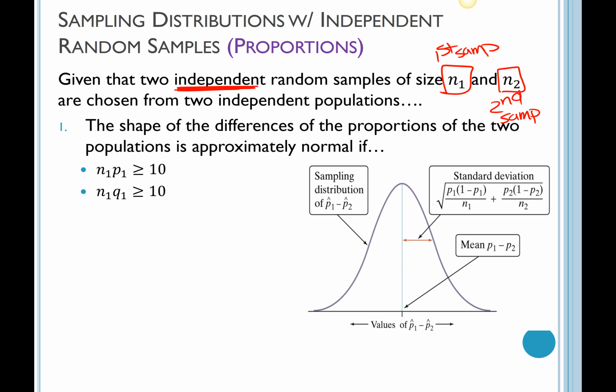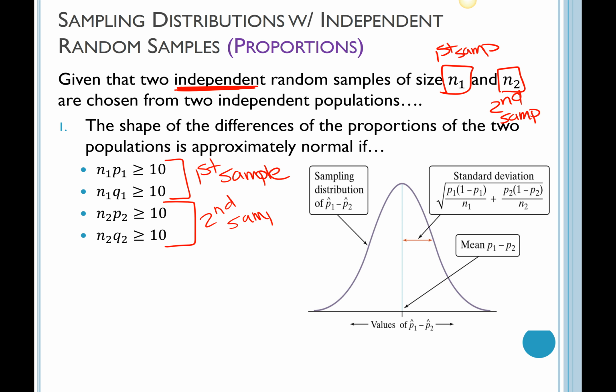We're going to talk about n1 p1 being greater than or equal to 10 and n1 q1 being greater than or equal to 10. Now, this is usually the condition that we talk about for normality with 1 sample, but this is only going to cover half of our samples. So this is from the first sample. But since we have 2 samples, we need to do it a second time, this time with n2 p2 and n2 q2 being greater than or equal to 10.